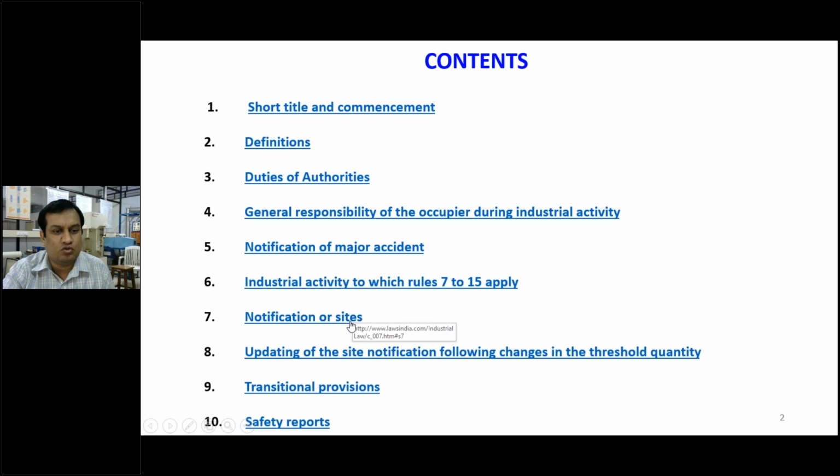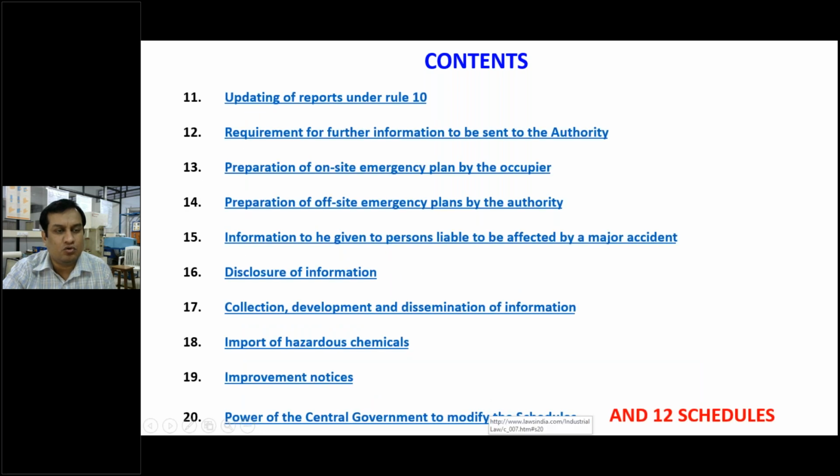Rule 7 is notification of sites. Rule 8 is updating of the site notification following changes in the threshold quantity. Rule 9 is transitional provisions. Rule 10 is safety reports. Rule 11, updating of reports under Rule 10.